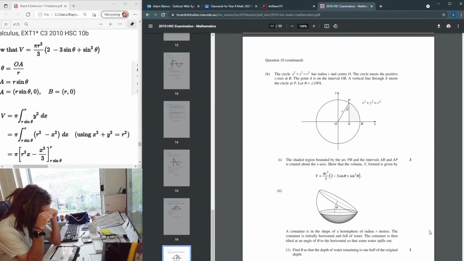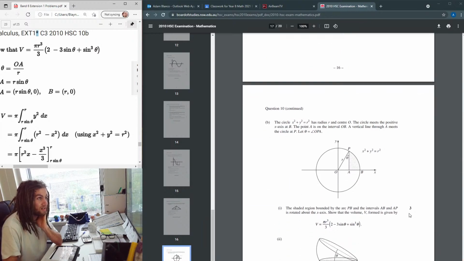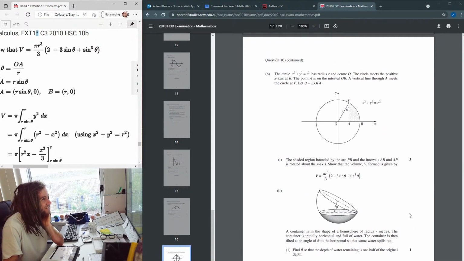We do volume rotations in, is that advanced? Or was that extension? Did we do that in extension? I don't remember. Wow, that's advanced. No wonder, that makes so much more sense. So the asterisk means advanced, and the dash meant extension 2. Wow. Yeah, that's really mean. That's a heaps mean question.